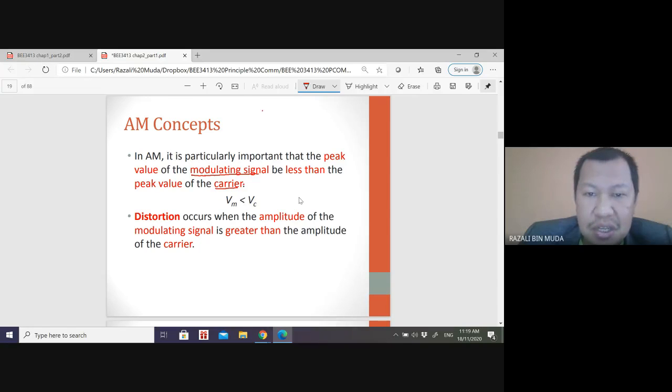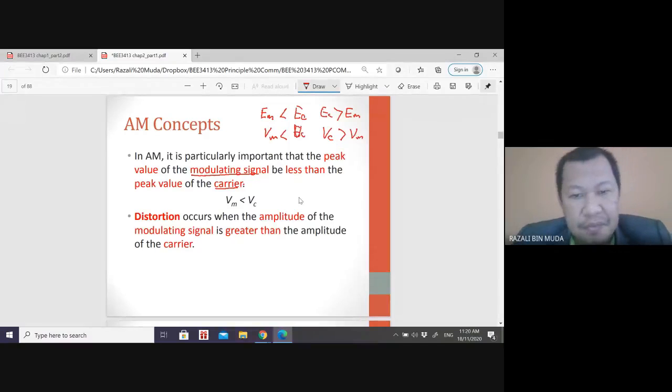So we can say that it is important that Em is smaller than Ec, ataupun Vm smaller than Ec, ataupun Ac bigger than Em, ataupun Vc bigger than Vm. Sorry, ni V. Vm less than Vc, sebab Ec or Vc is same.